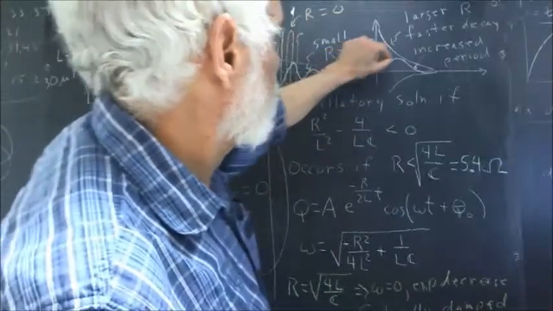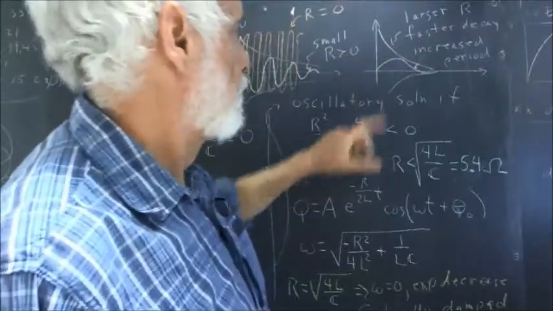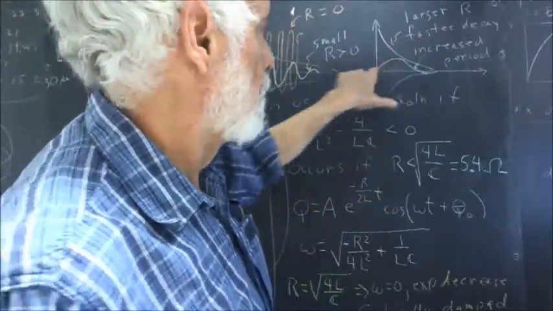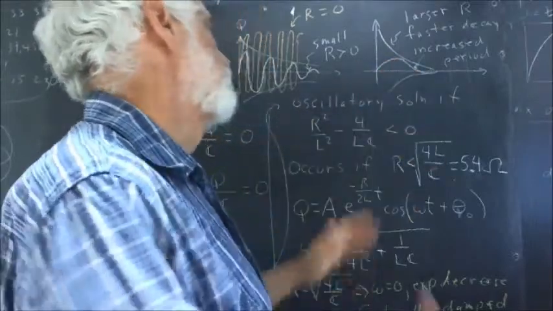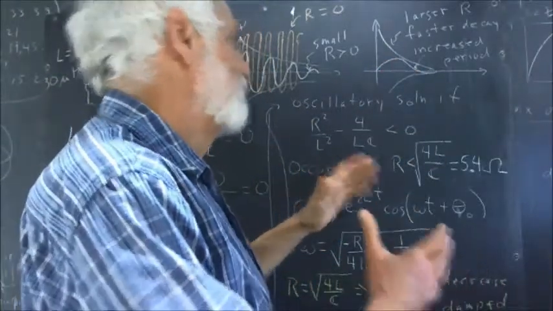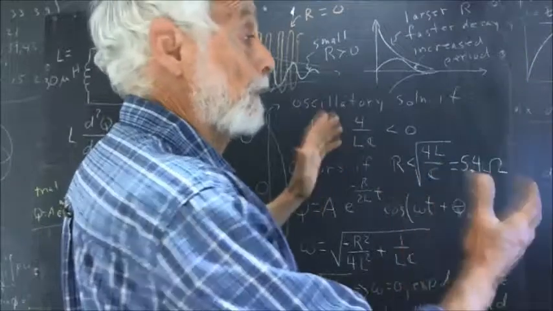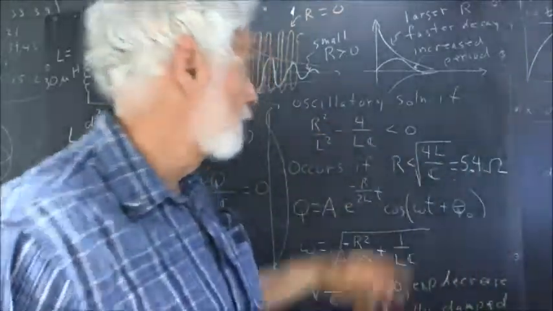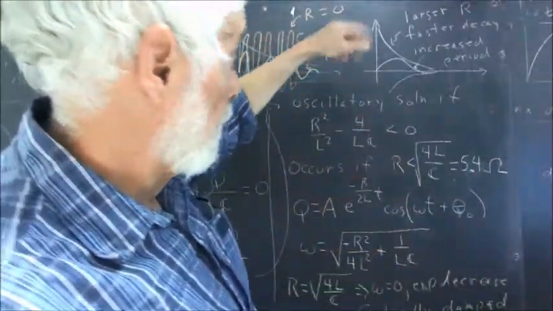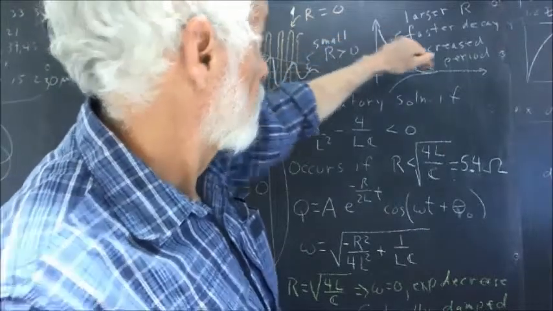In other words, this thing is going to spread out, we're going to have a much lower frequency, much longer period. Okay, so you're going to have something like this.